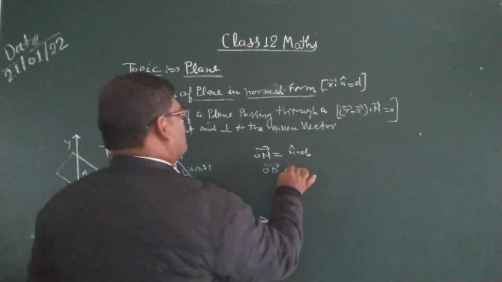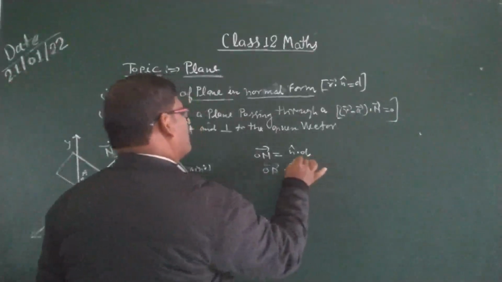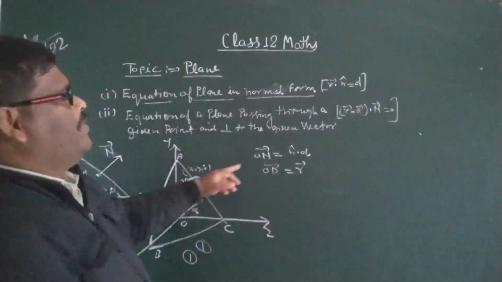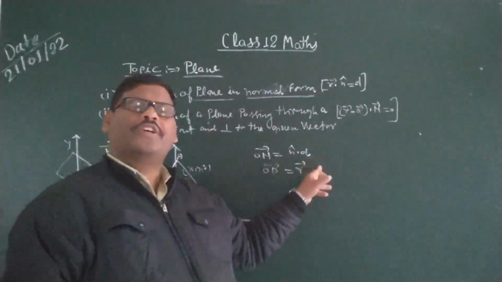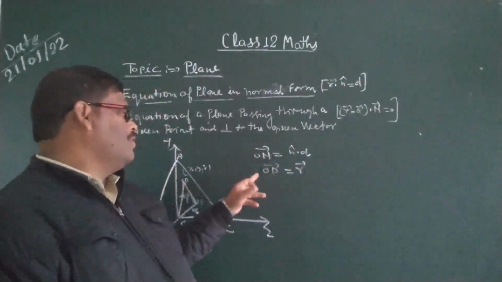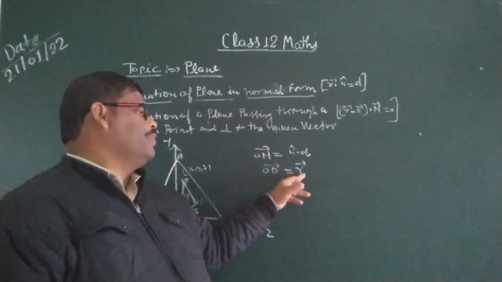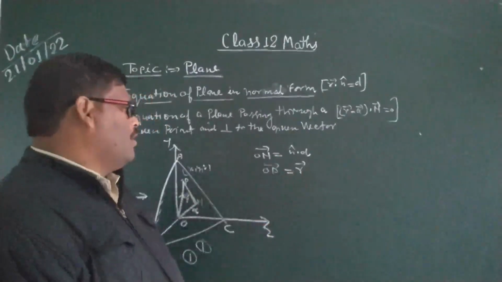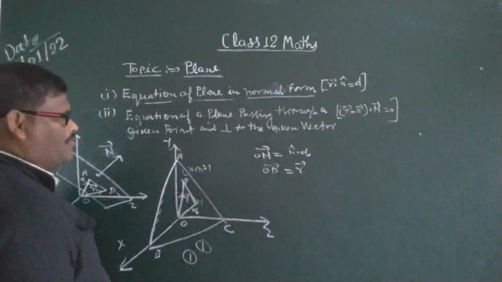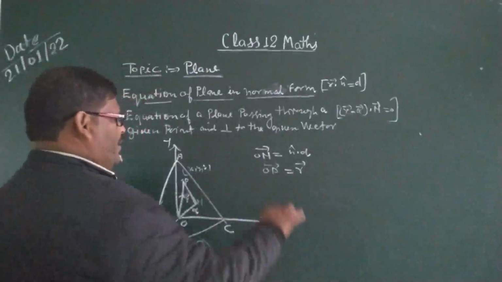So vector OP is equal to vector r, and vector ON is n cap d. Now find vector NP.